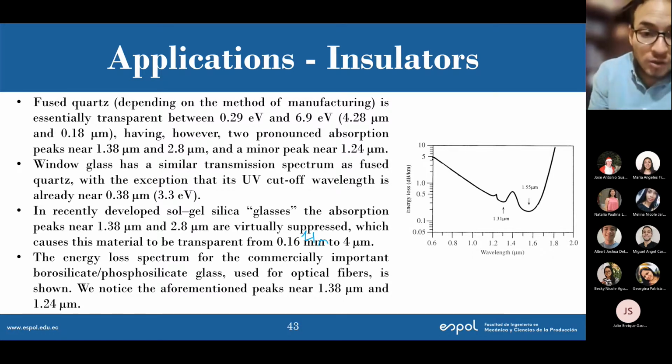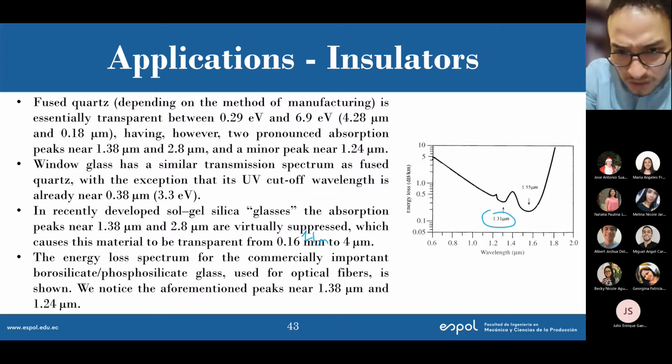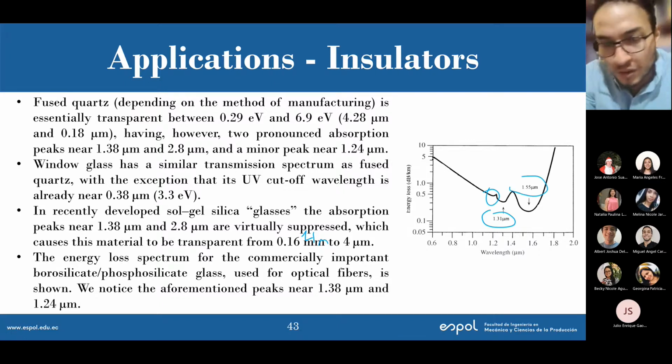Now, let's look at the glass for optical fibers, the borosilicate phosphosilicate glass. You can see you have peaks, but they're not sharp, they're not well defined. You can see them at 1.3-ish and at 1.2-ish, a small peak there, and then another peak at around 1.55.